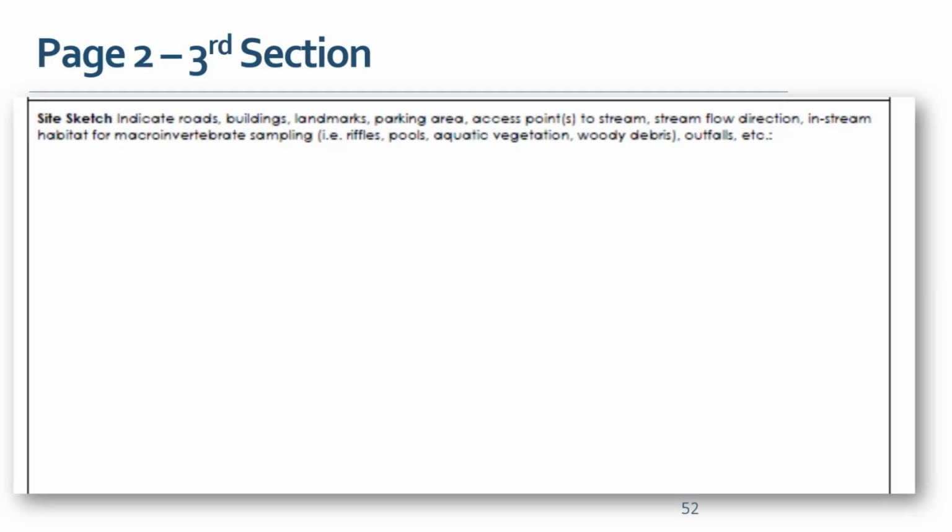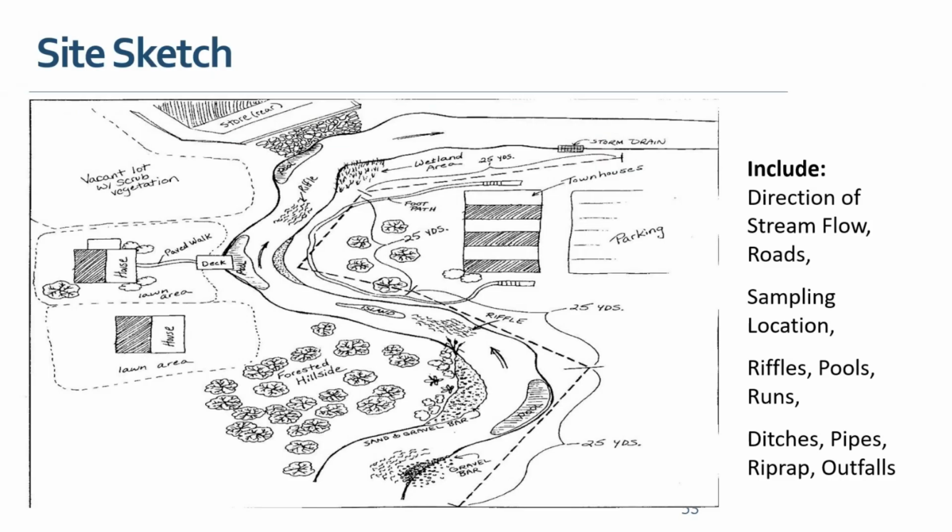That can be helpful as well. I don't think I've ever seen a site sketch be this detailed or this neat and artistic, but it gives some examples of things that you would want to include.